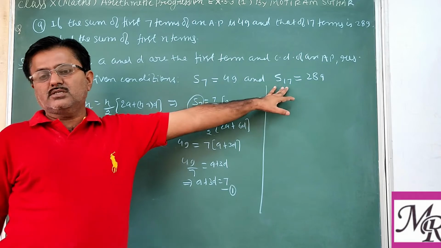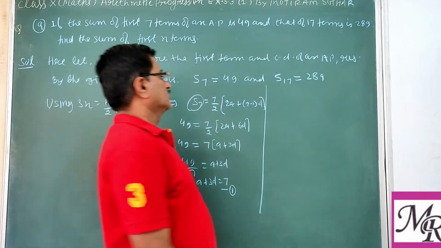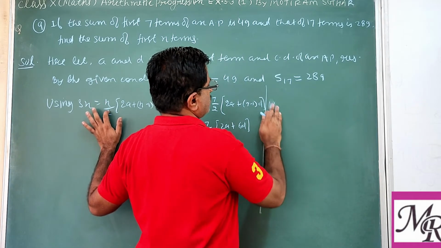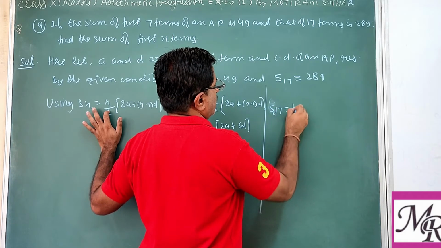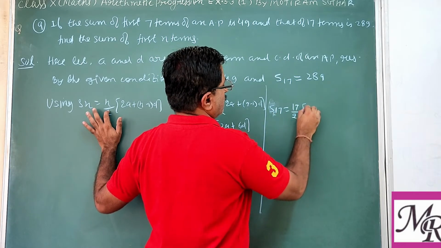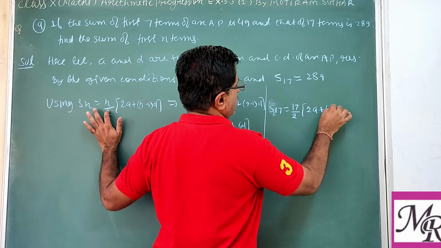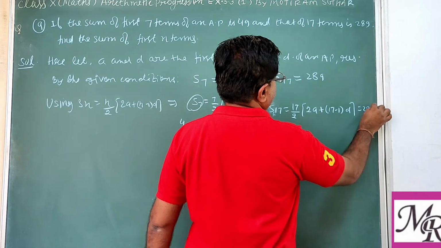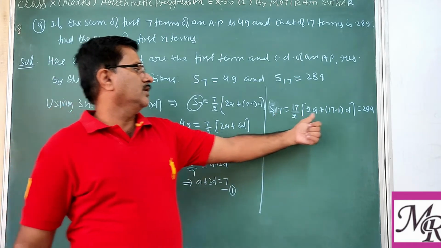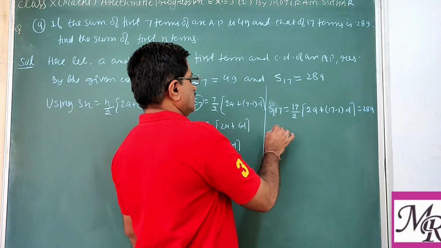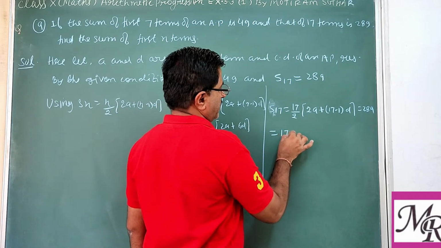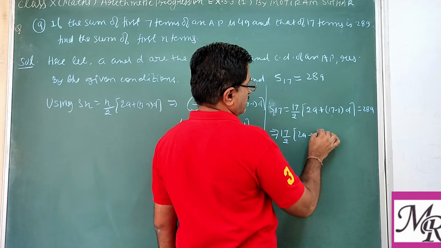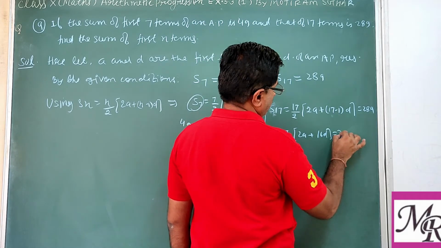Similarly, we use the same formula Sn. So S17, n as 17, so 17 by 2. So S17 equal to 17 by 2 into 2 into a plus n is 17 minus 1 into d. And this is given as 289. Value of S17 is given as 289. So 17 by 2, 2a plus 17 minus 1, that is 16d equal to 289.